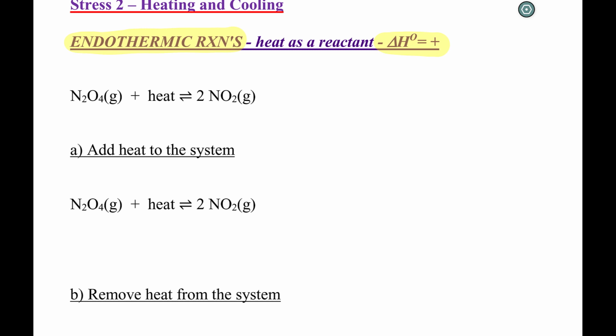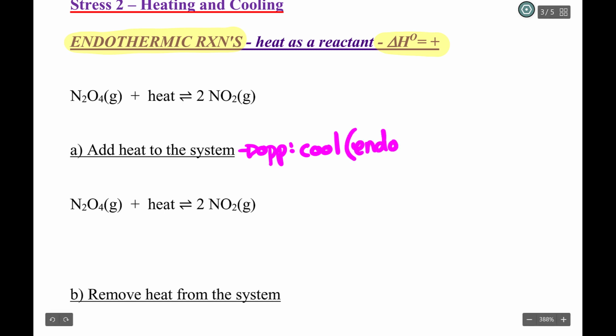We're adding heat to the system. So if I'm adding heat to the system, the opposite would be to cool the system. And the reaction that would allow us to cool the system would be to do the endothermic reaction. Now, the endothermic reaction, based on the way that this equation is written, would be the forward reaction.